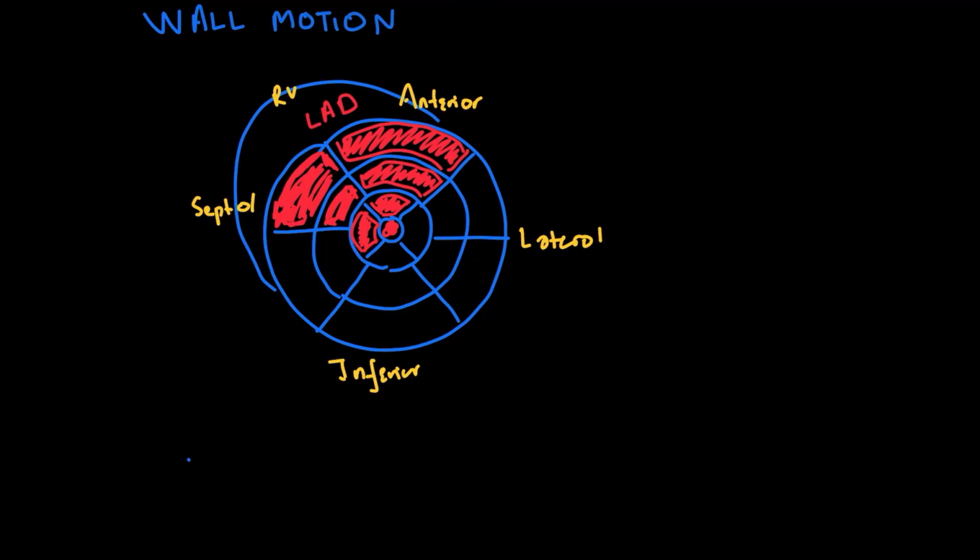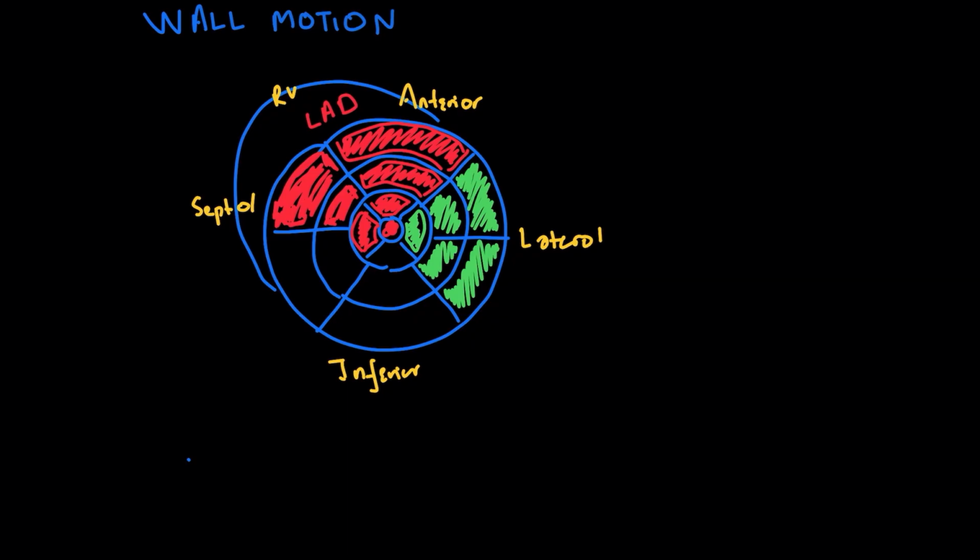Let's keep moving around. So over here on the side, right now I'm shading the basal anterolateral segment, and then this would be the mid anterolateral segment. This would be the apical lateral segment. And then down here, the mid inferolateral, and then the basal inferolateral.